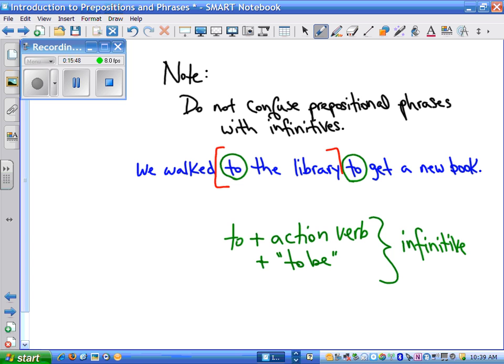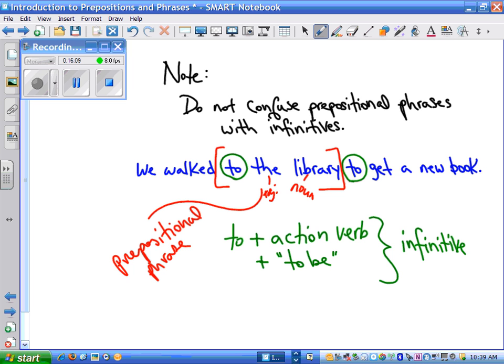This is our prepositional phrase. Right? And I know this because following that to, here is that noun. Of course, that is the adjective. Immediately following that, I have this other to.